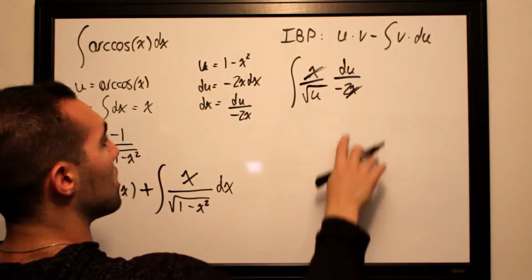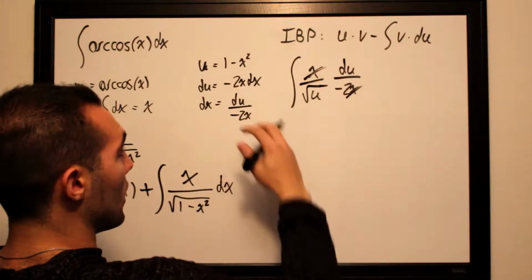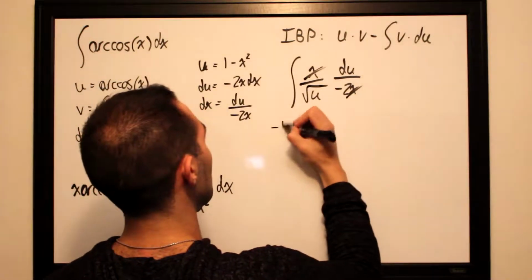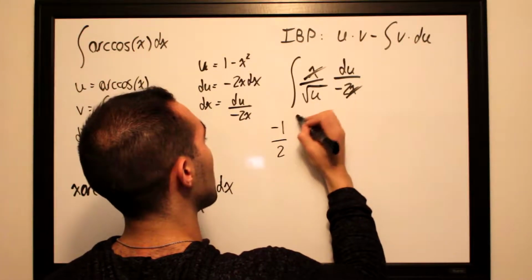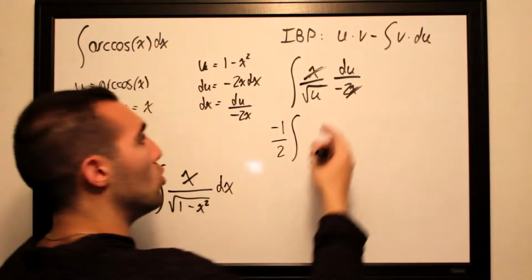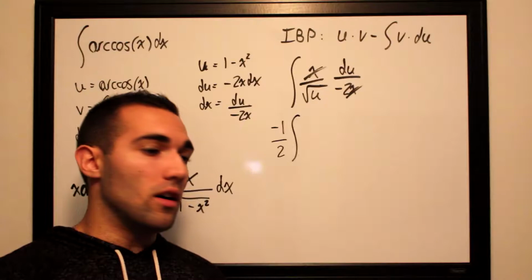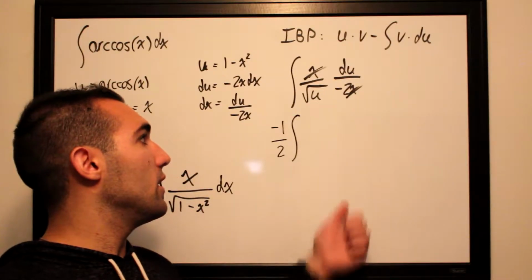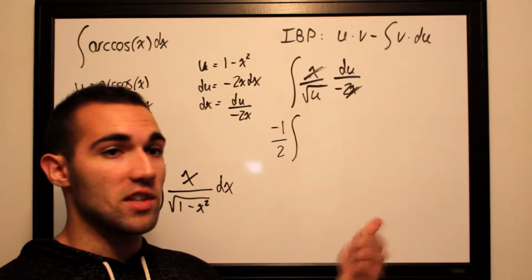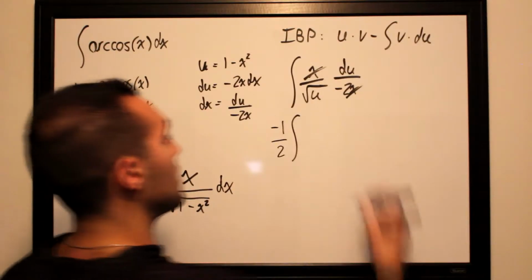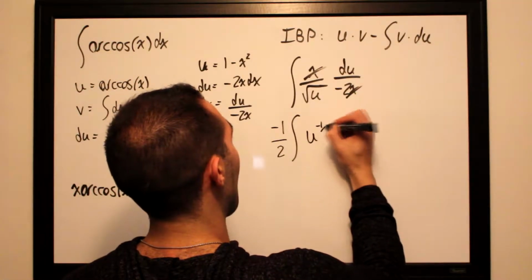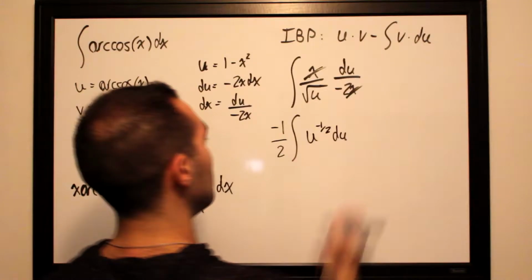All we've got left is a negative half, which we can pull out in front of the integral. So this will be negative a half times the integral of du over the square root of u. If we wanted to make that an exponent, we can make it u to the negative 1/2 because it's in the denominator. So this is u to the negative a half du.